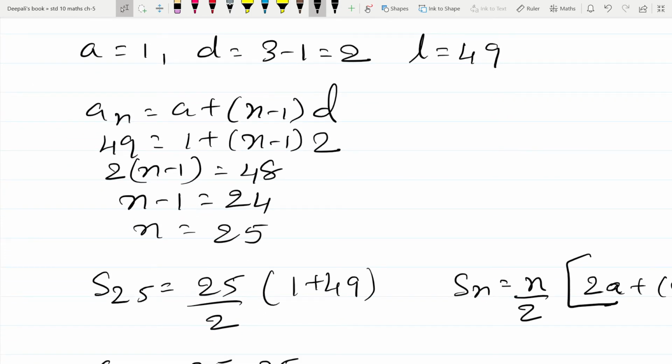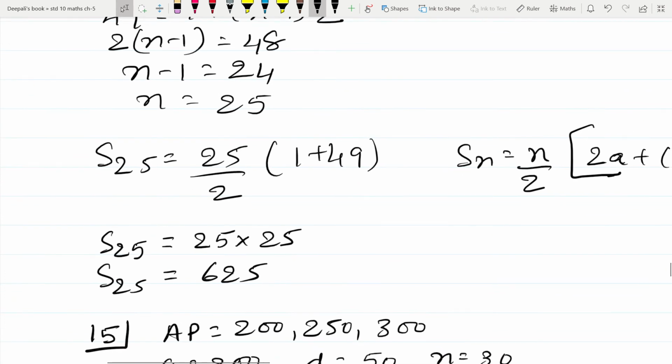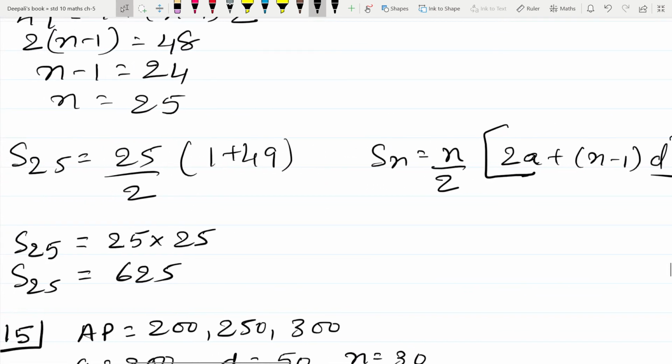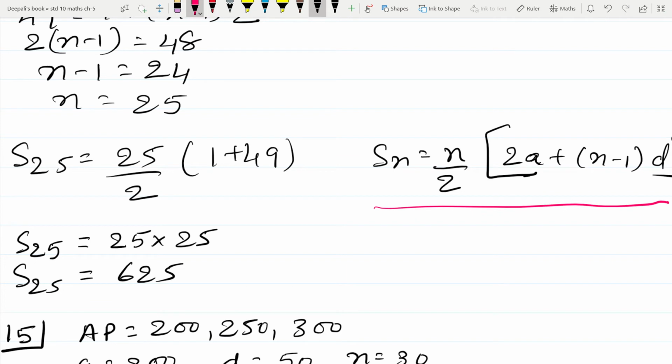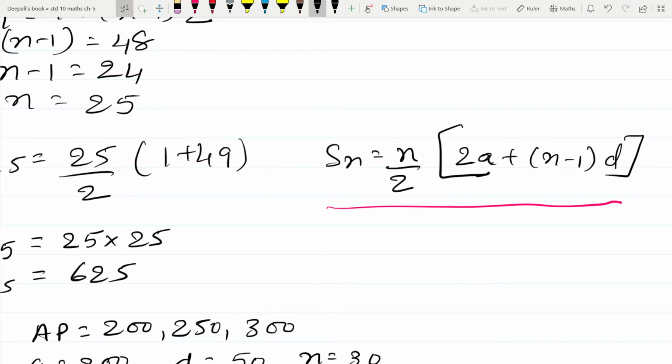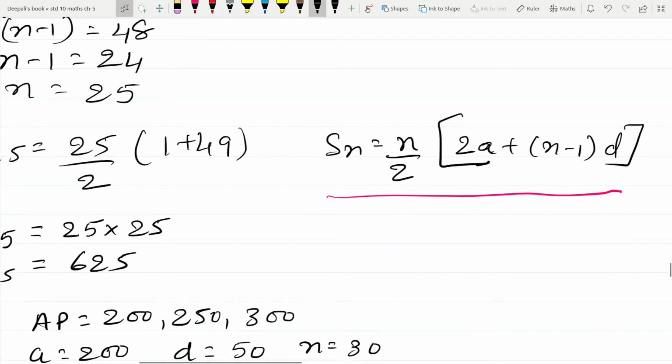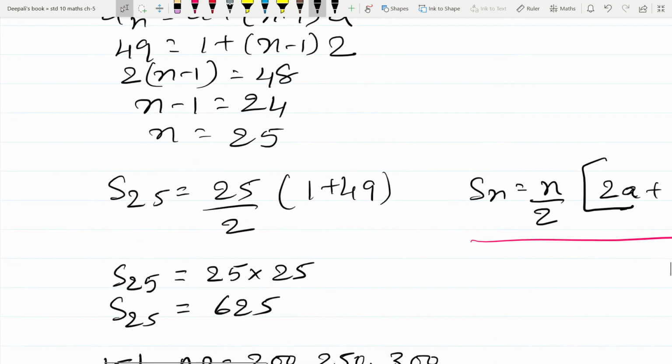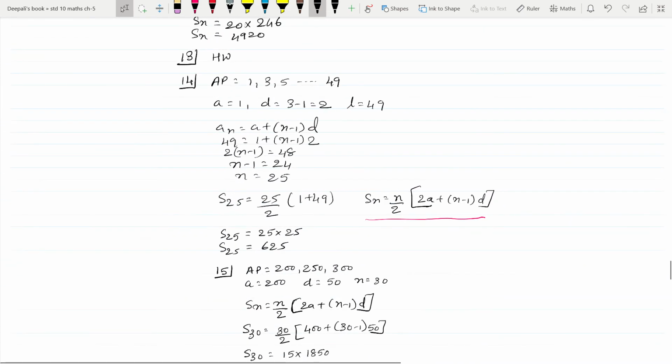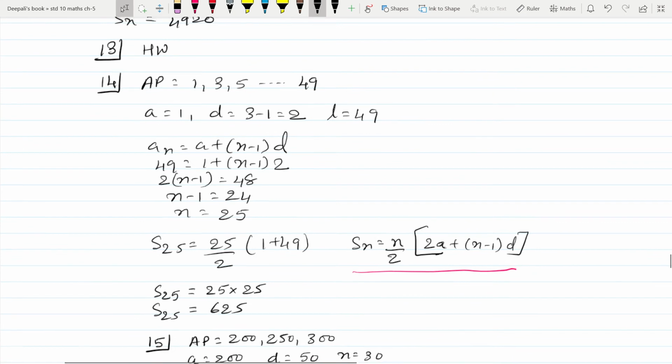So S25, when I solve, I get 625 using the formula Sn is equal to n upon 2 into 2a plus n minus 1 into d. You can copy this sum as it is. When you solve it, you will be able to get the answer easily.